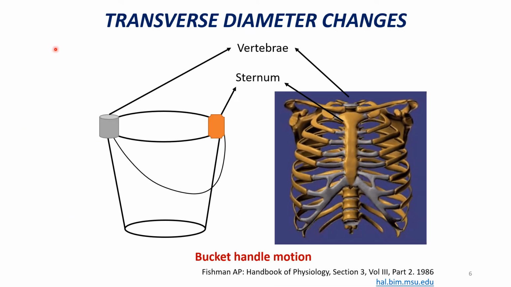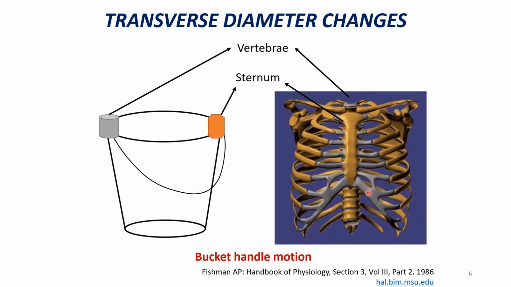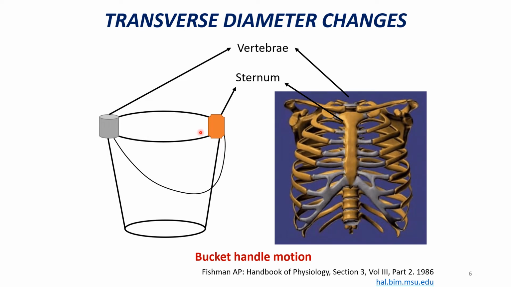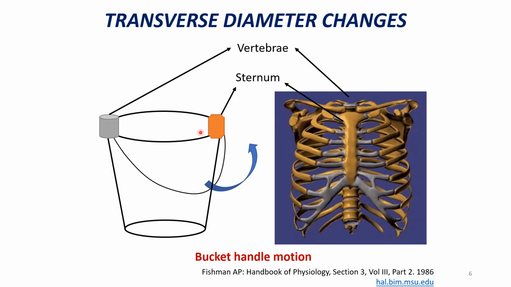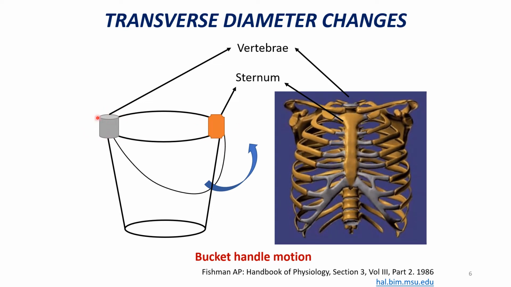First of all, let's see how the transverse diameter of the rib cage changes. As you can see, before inspiration the ribs are downward. To remember these movements, think of a bucket, where one end of the bucket is the vertebrae, the posterior end, and the other end is the sternum, the anterior end.